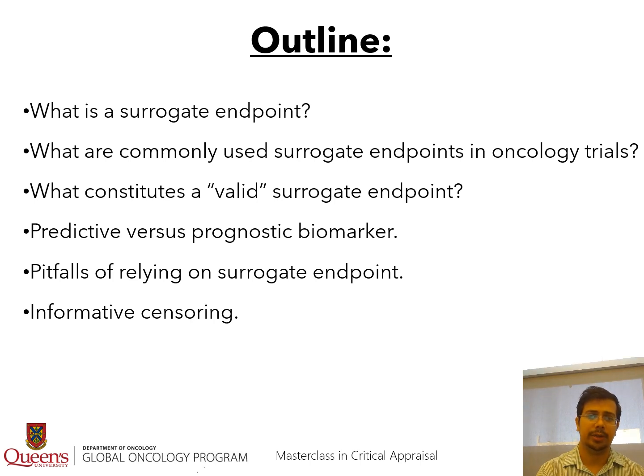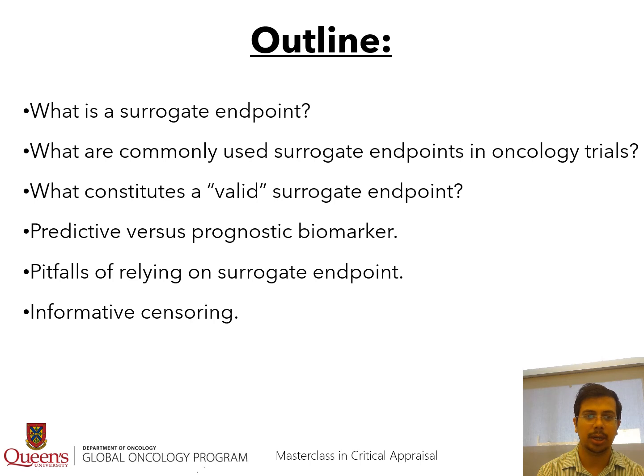So in my talk today, first I'll be talking about what a surrogate endpoint means and what are some commonly used surrogate endpoints in cancer drug trials, and what constitutes a valid surrogate endpoint, and some differences between predictive and prognostic biomarkers, and some examples of pitfalls of relying on surrogate endpoints, and a couple of slides on what informative censoring means and why we should care about it.